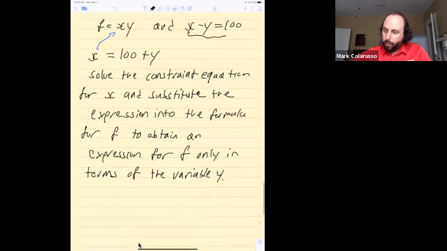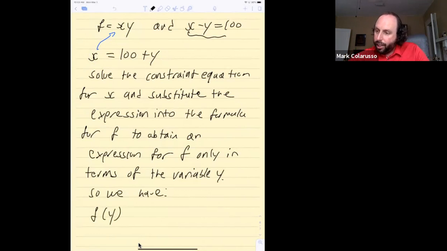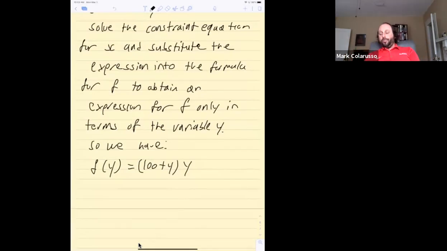Okay, let's do it. If we put this expression right into f, we get f as a function of y is 100 plus y times y. And now this product of these two numbers is expressed as a function of a single variable.